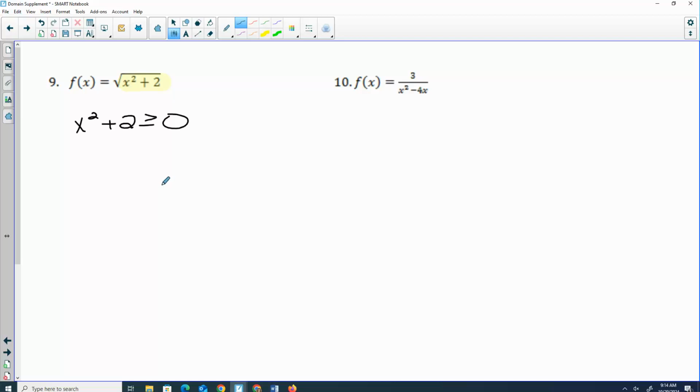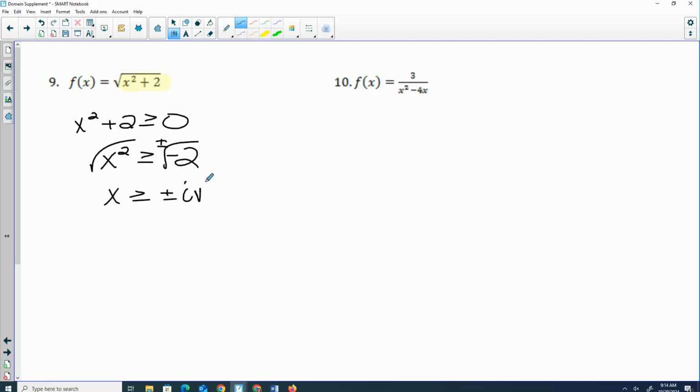Well, it actually would be greater than or equal to -2 because... Okay, so if you subtract over your 2, x squared is greater than or equal to -2. Okay, if you have a square root, we do plus and minus. What's the square root of -2? If you have a negative, what do we have to take out?